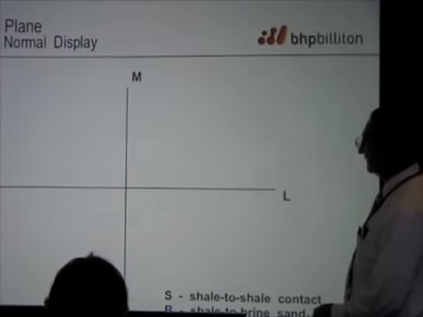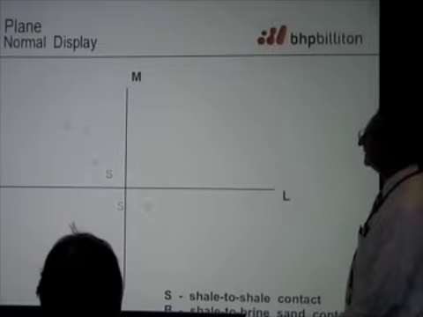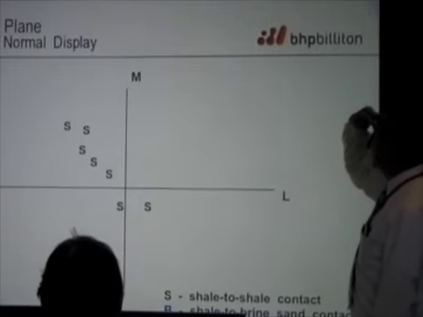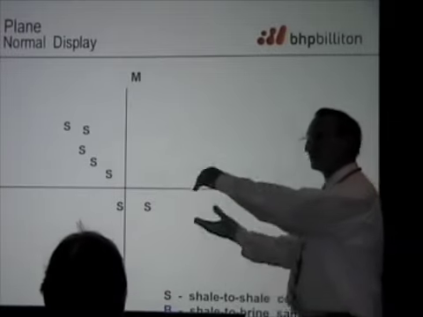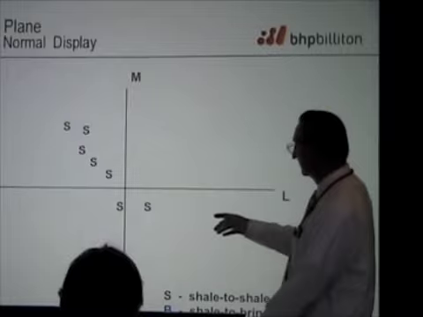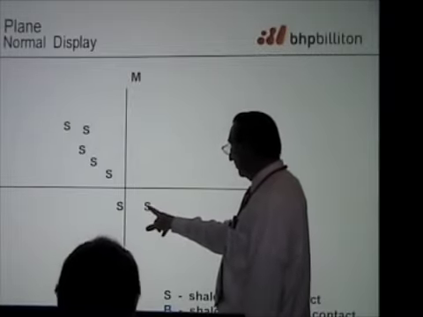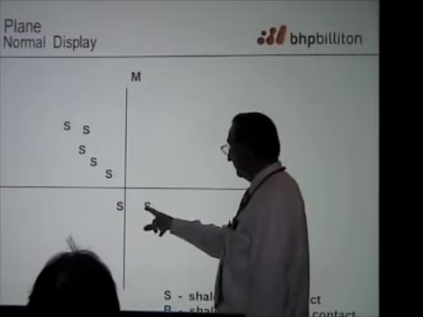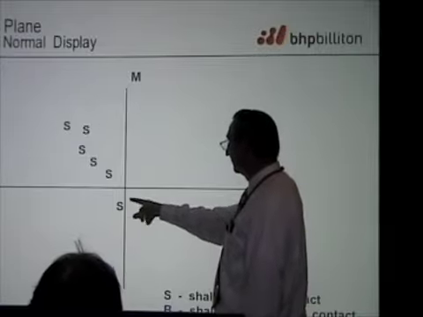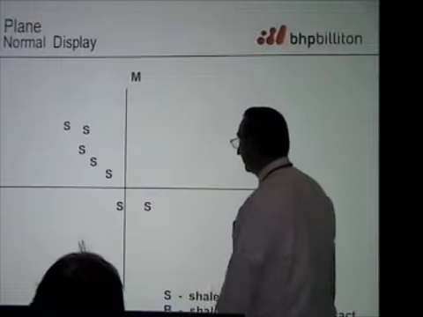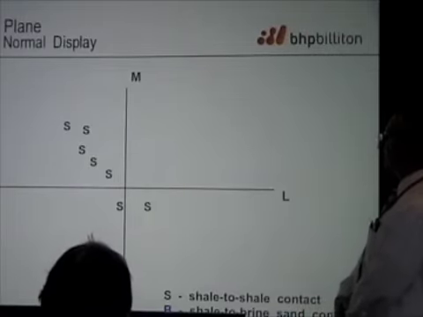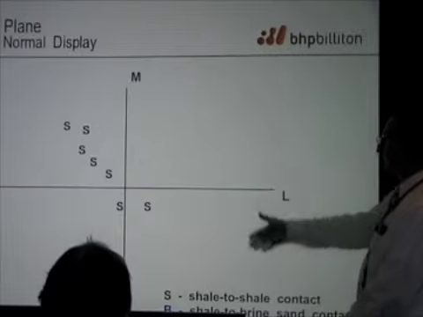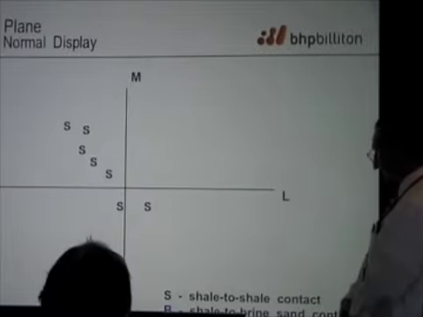And what I find, so each point in the plane, suppose I pick a number of shale points, shale interfaces or shale siltstones or something like that. Each one of them will have an M and an L, and I'll plot it in this plane, and it'll fall someplace along there. Maybe I just drew a locus of points. That's what typically happens. They fall along some trajectory in this plane.